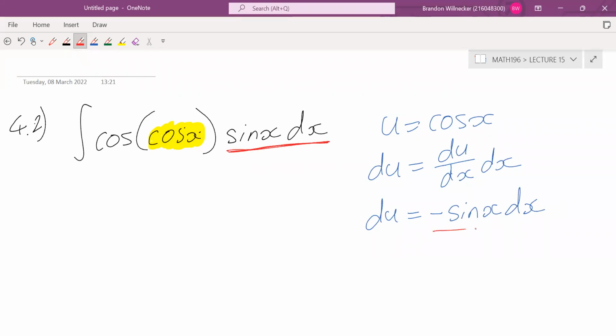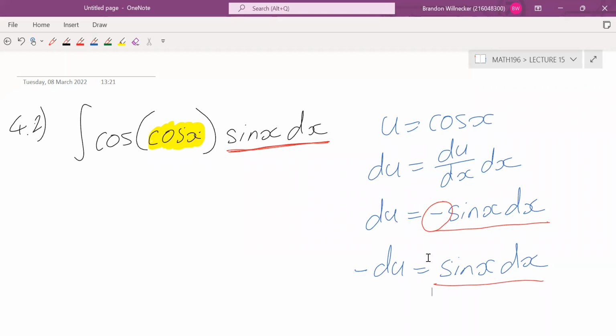For du, we have minus sine x dx. We don't want this minus here. So we multiply both sides by minus 1, and we get minus du is equal to sine x dx. And that's what we've got here. So minus du is sine x dx, and that's what we've got at the end of the integral.